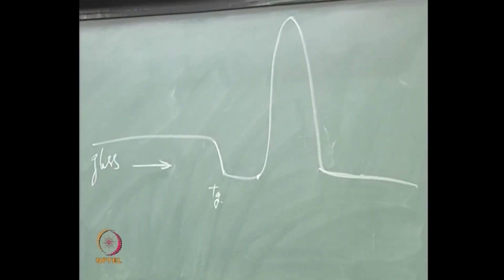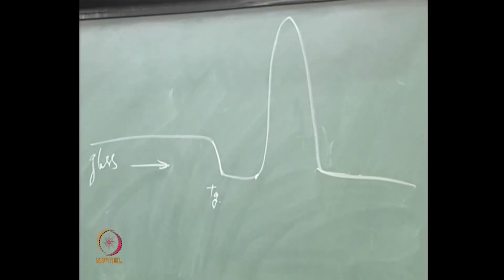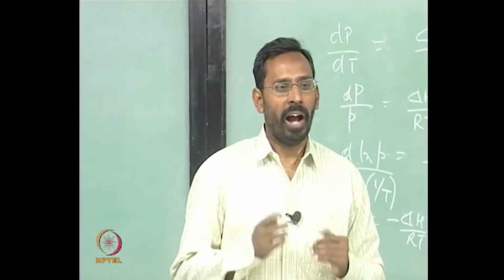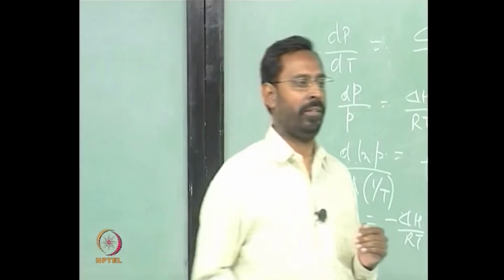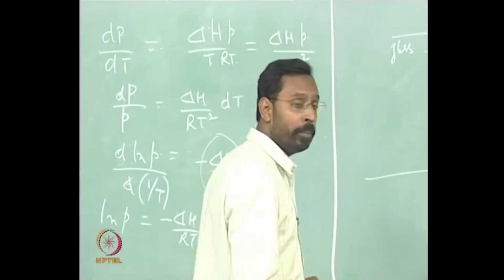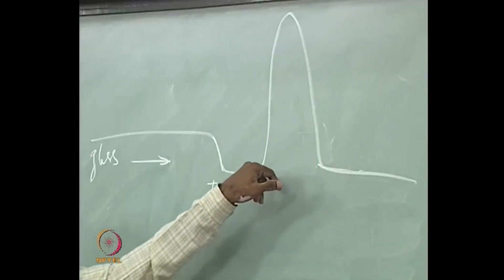If you have ever done recrystallization of a cold worked material by DSC, you usually get a very broad peak, because recovery and recrystallization tend to overlap, and you see a broad peak rather than a very sharp peak. And when you get a broad peak, identifying the onset becomes very difficult.